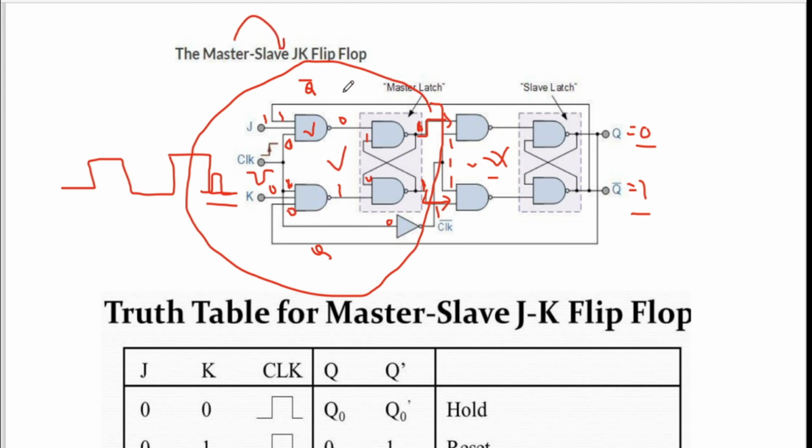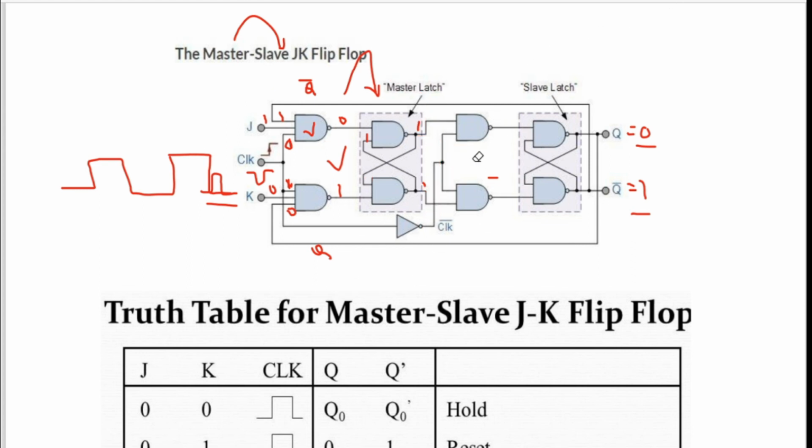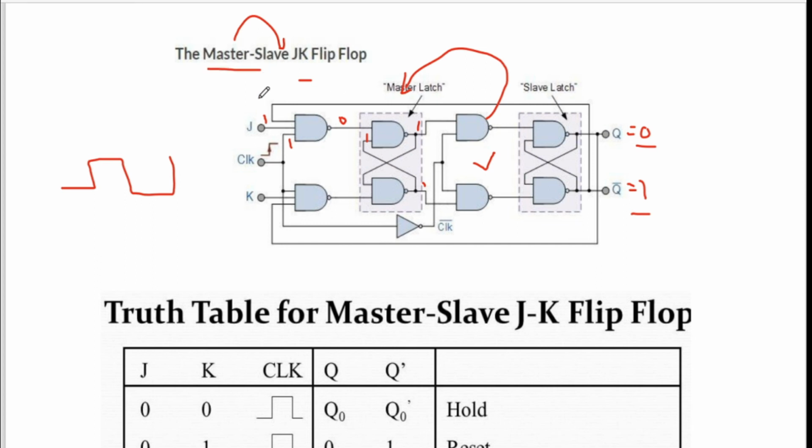The master is initially active and producing the necessary output, and later on the trailing edge of the clock pulse, the slave becomes active and captures the data available at the master, which is driving as an input to the slave. So the slave always tries to capture the inputs from the master, and that's why we have the name master and slave.